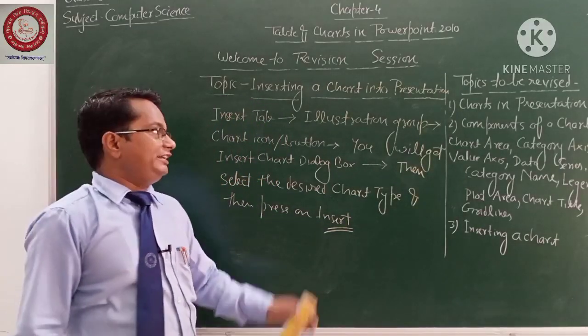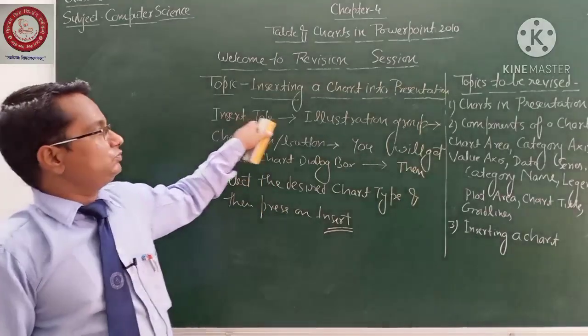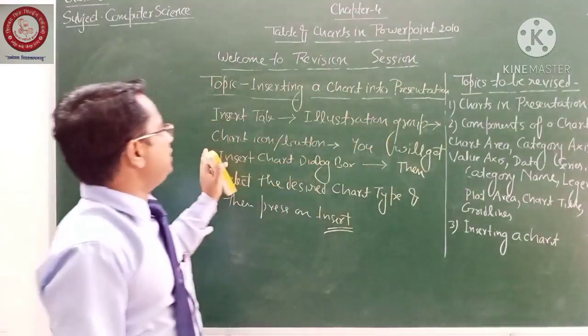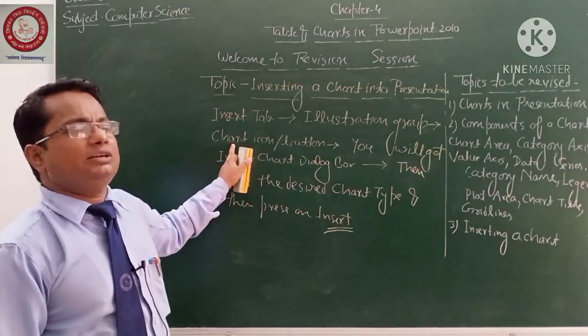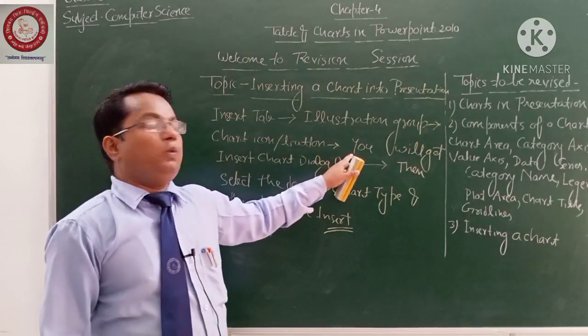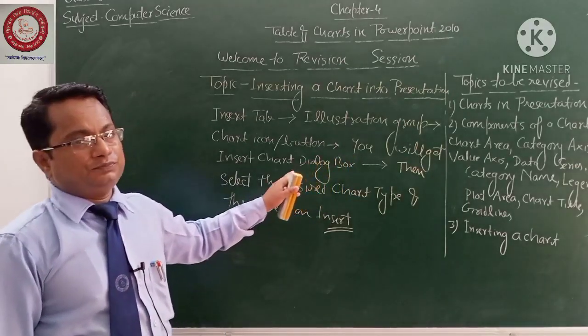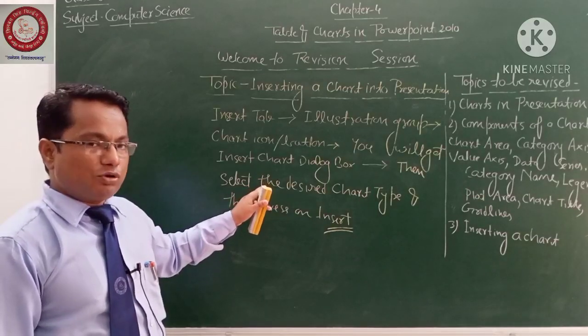Right? So let me repeat one more time. First you click on the insert tab, go to the illustrations group, then go to the chart icon button. You can say chart icon or chart button also. Once you click, you will get a dialog box. The name of the dialog box is insert chart dialog box.